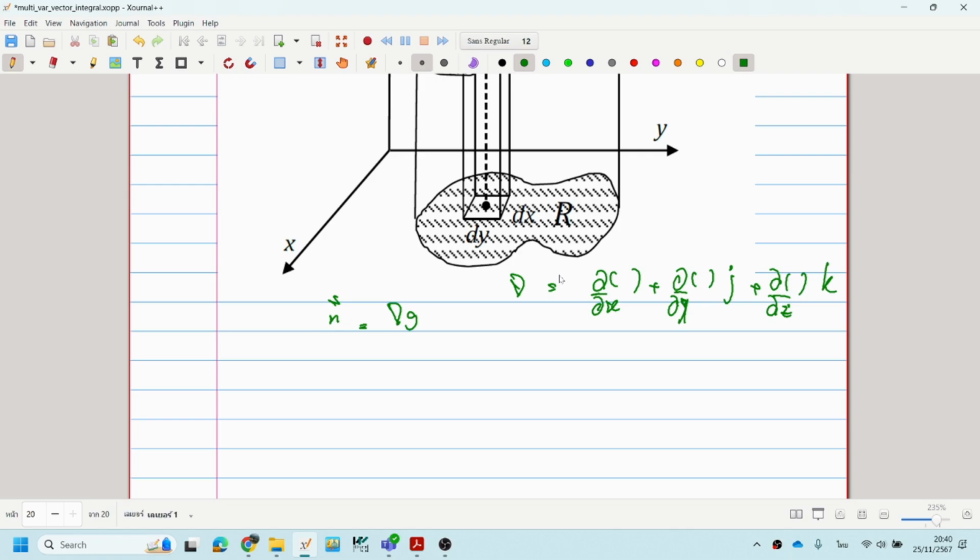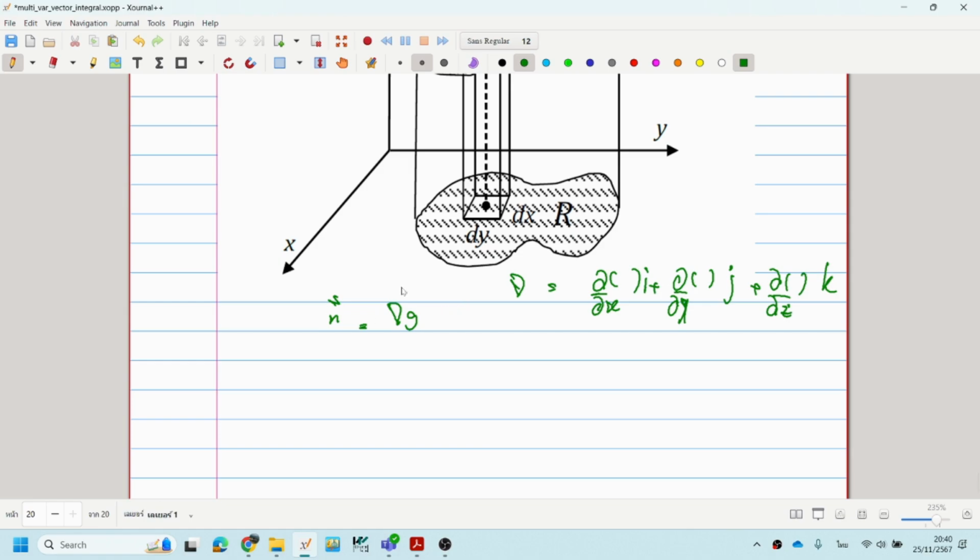In engineering there are a lot of operators, the derivative, the integral, and del is one of them.